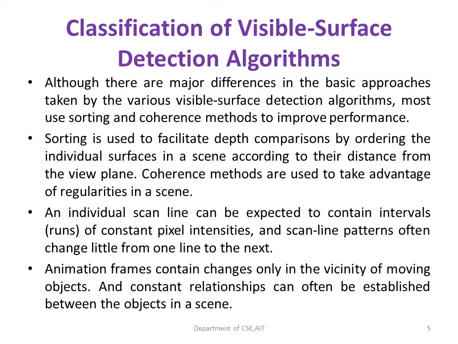If this scan line has constant pixel intensities, then of course it will be one line only. And if we have a pattern of multiple scan lines, we can see that there will be a change from one line to the next. There should be some change, only then can I detect that particular line.